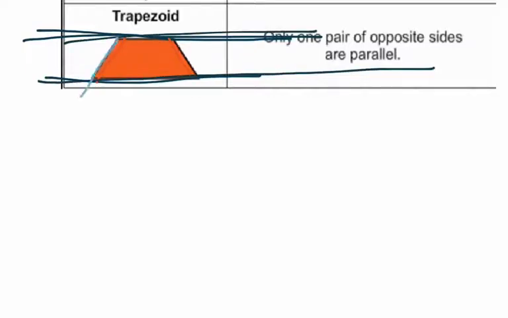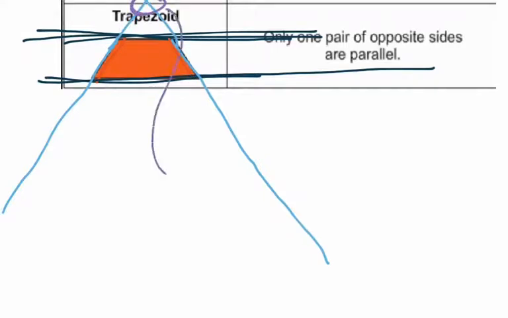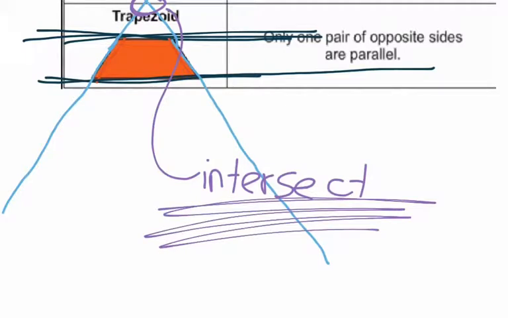But if I kept following the trajectory on the other pair, it's hard to see, but right off camera, right there, they intersect, which means they are not parallel. So a trapezoid can only have 1 pair of opposite sides that are parallel.